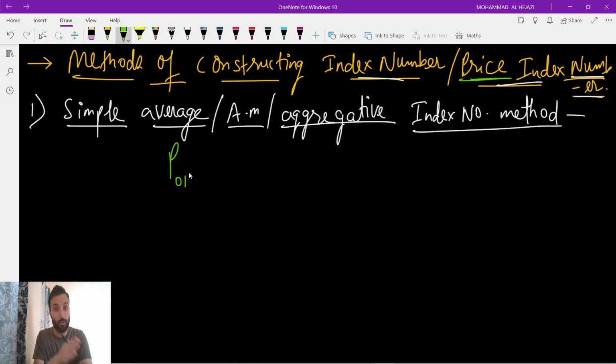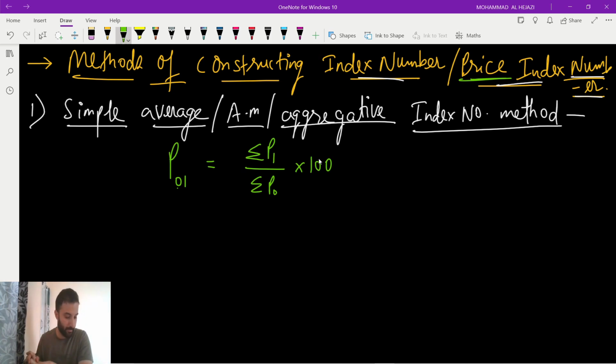Because we are comparing from base year to current year, we use P, which indicates the price index number. So the price index number from 0 to 1 is equal to, formula is summation of P1 by summation of P0 into 100.